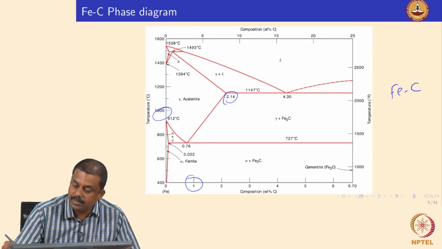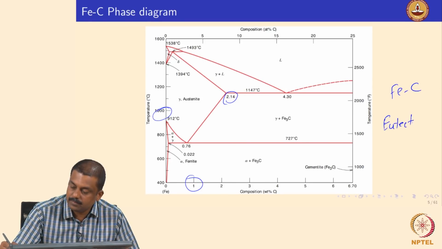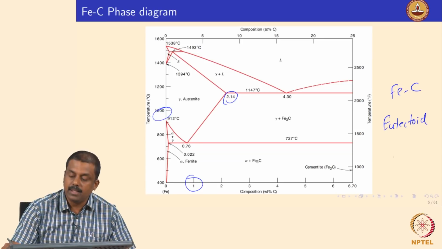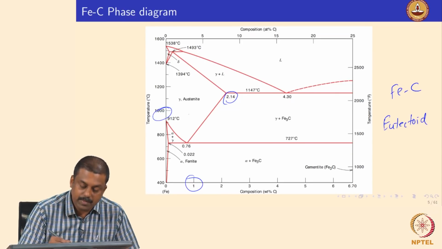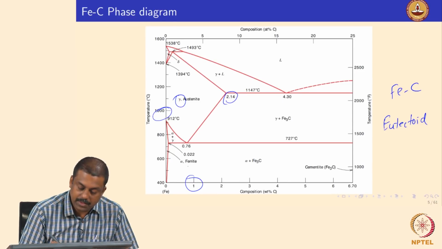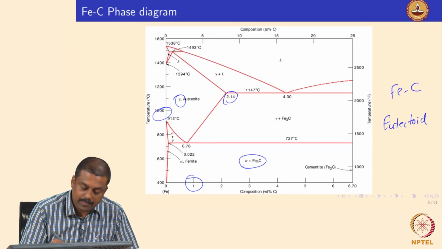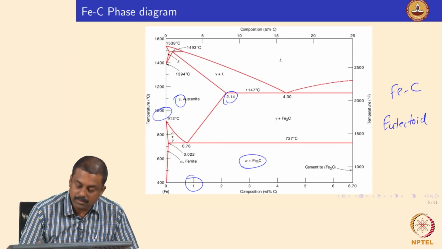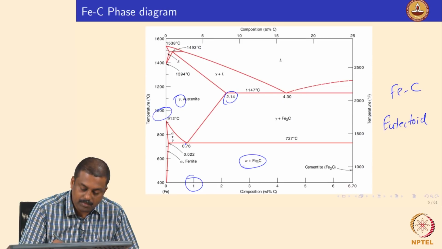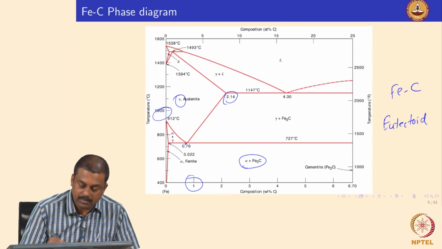Eutectoid is a transformation of austenite, which is an FCC phase, the high temperature allotropic phase of iron, into a mixture of ferrite and cementite. This happens 100%. That means austenite transforms to a ferrite plus cementite mixture at the carbon concentration of 0.76. So this is the eutectoid carbon concentration.